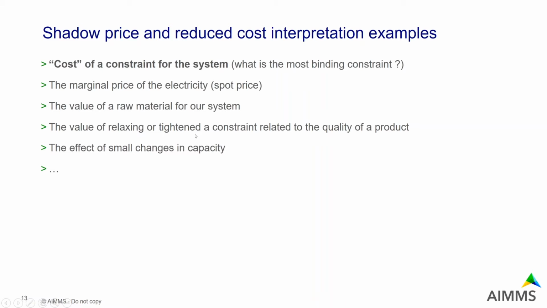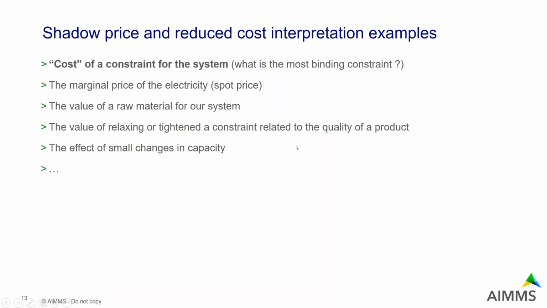Then there is the value of relaxing or tightening a constraint related to the quality of a product. This is basically the same idea as before, but here you have a blending problem, for example, mixing different raw materials to make a product.